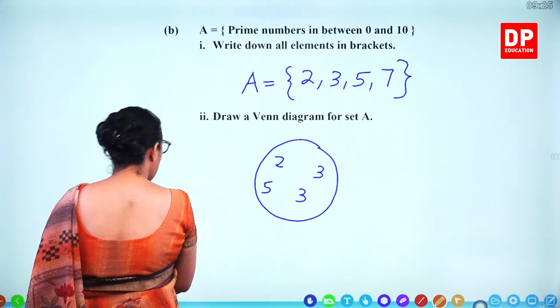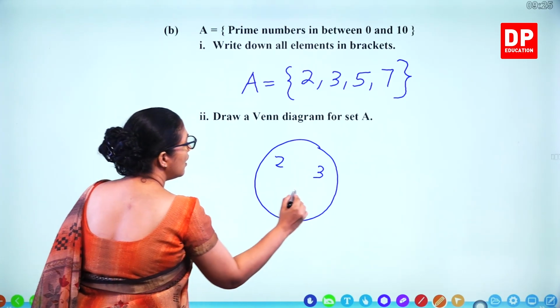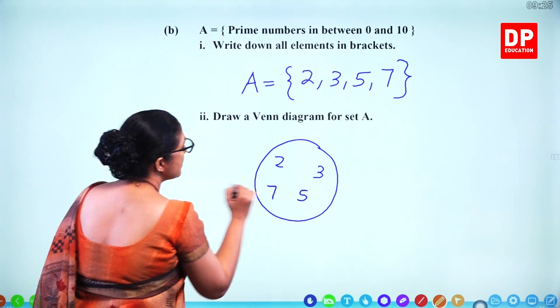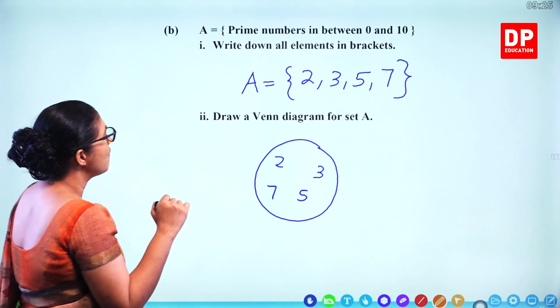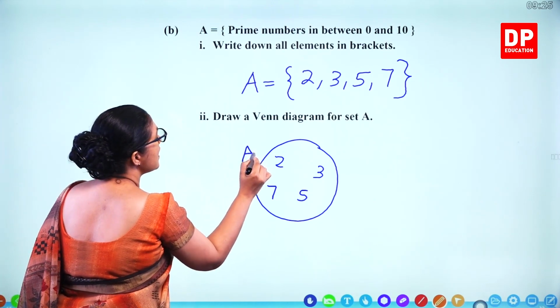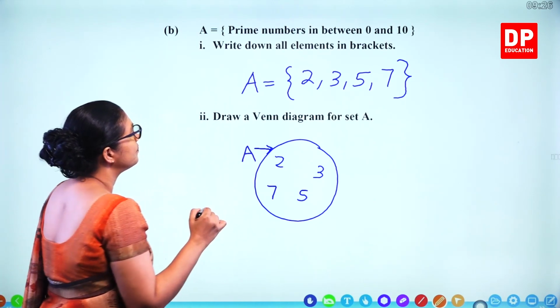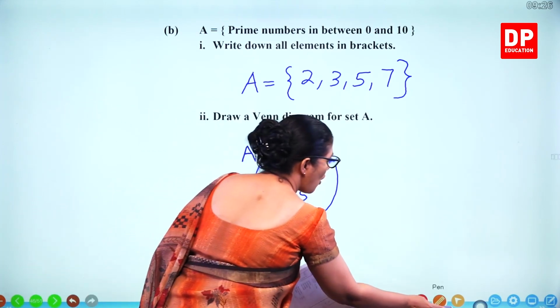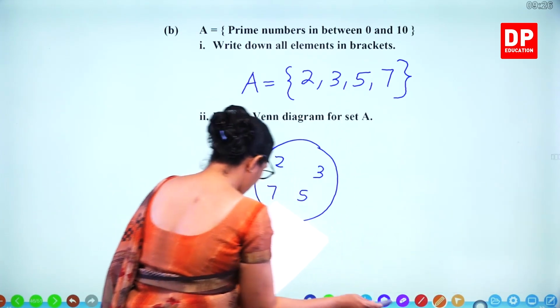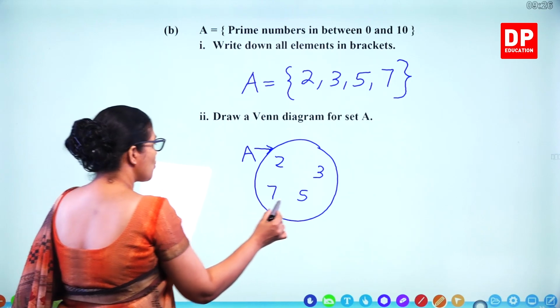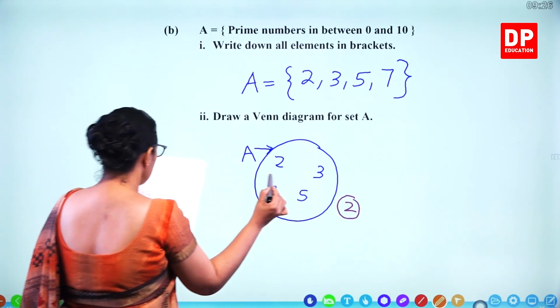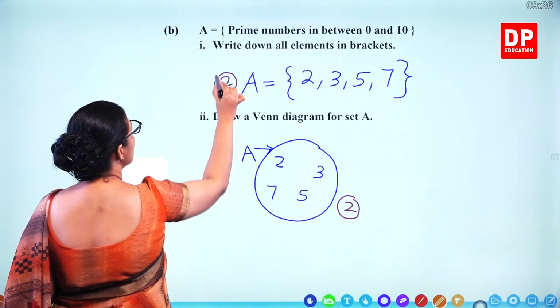So don't put the same number twice. 2, 3, 5, 7 and label this set as A. So how many marks for this part? 2 marks here. 2 marks for this part. 4.